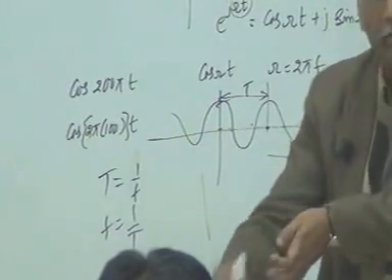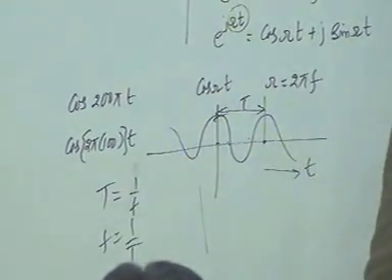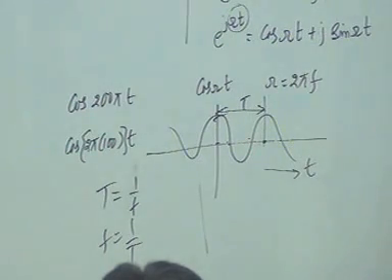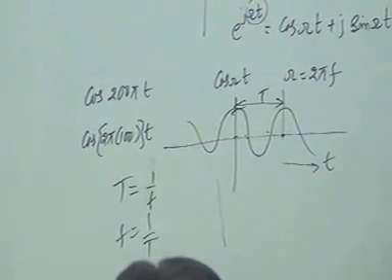So we went to very, very basics. If you are given cosine omega t, we say that it's a single, real frequency. And this real frequency has a time period which is related to frequency by 1 over T.